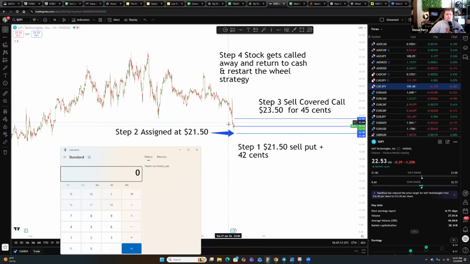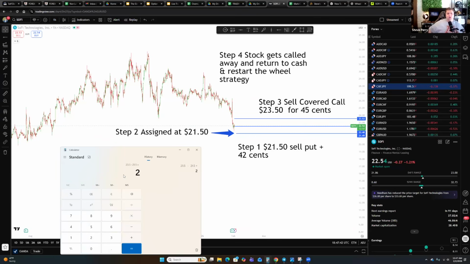Then in the following 2 weeks, after we got assigned, the stock starts to go back up again and it goes up to 23.50 or even beyond. It could go beyond 23.50, but you can't make anything beyond 23.50 because you sold a call, right? So now the stock goes to 23.50 from 21.50. If you take 23.50 minus our entry of 21.50, that means you make $2 per share in appreciation.